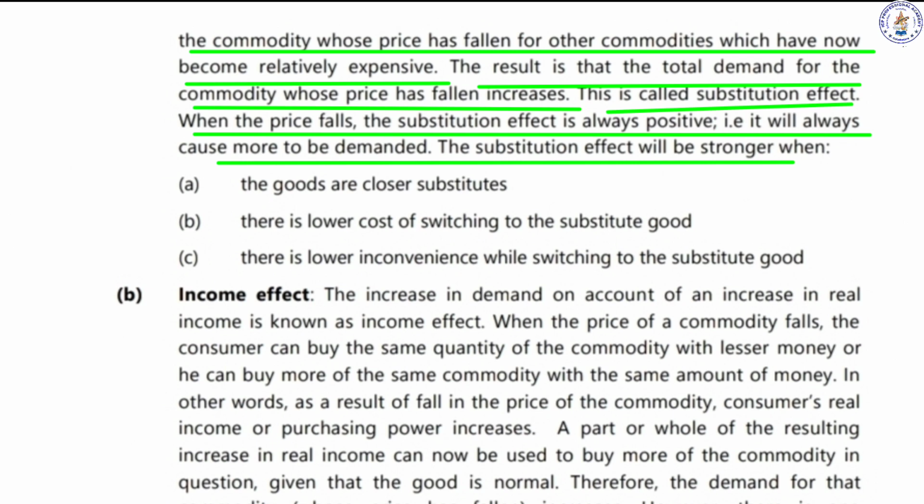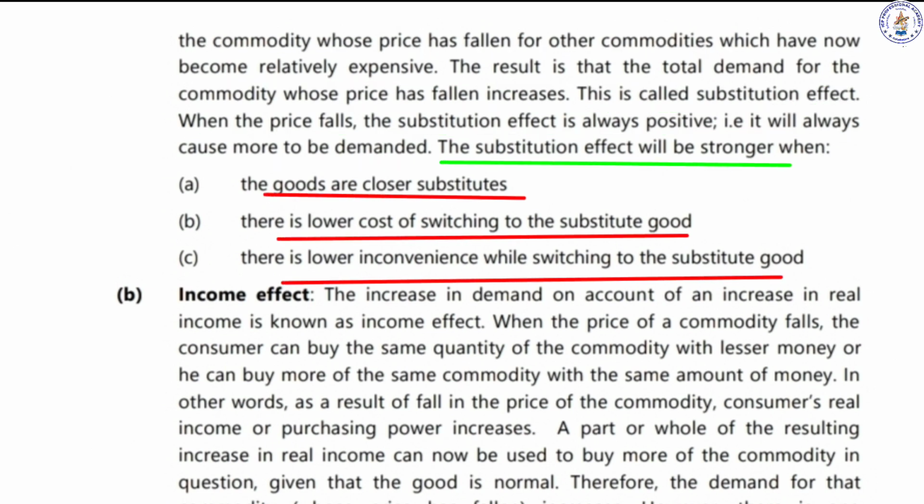This is called the substitution effect. Here the substitution effect is always positive. When the relative price of the product demanded increases, substitute demand will increase. This is a direct relationship, as it causes more to be demanded.